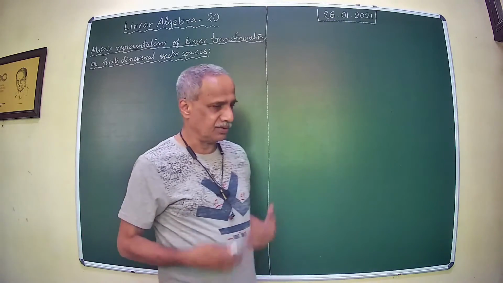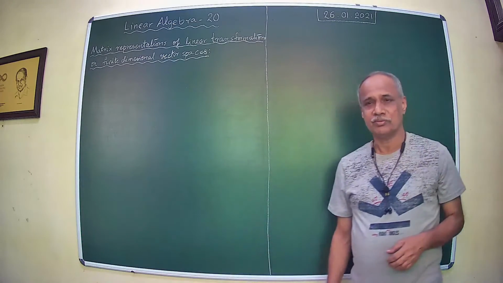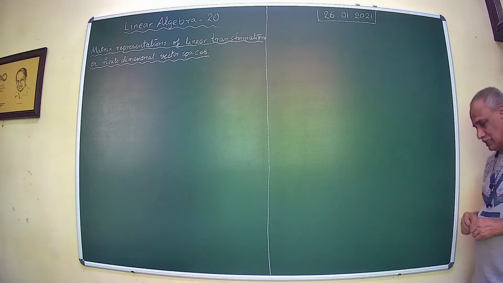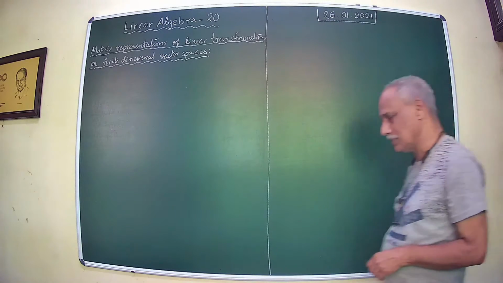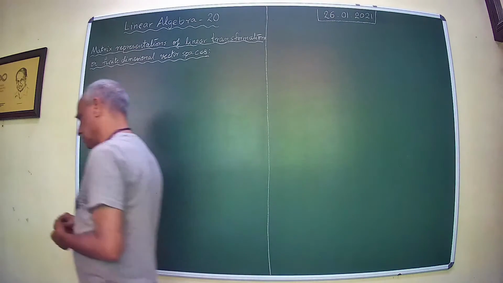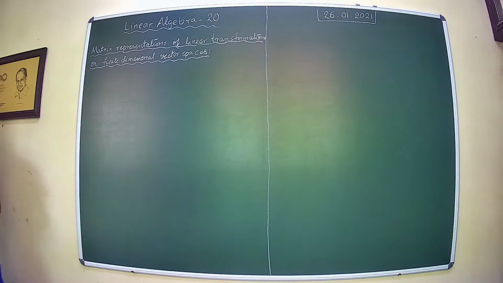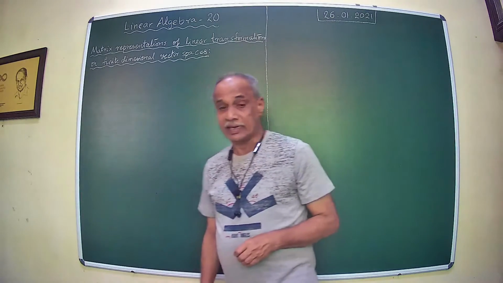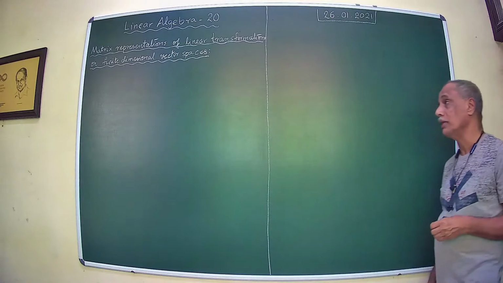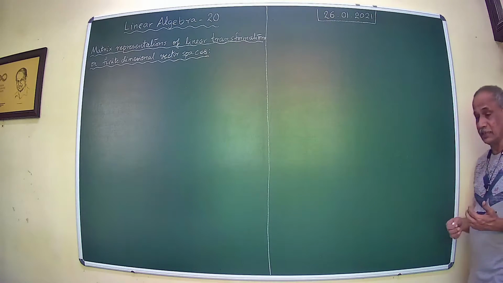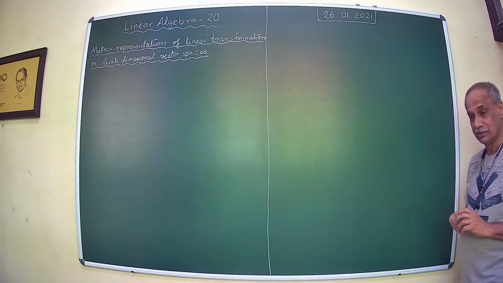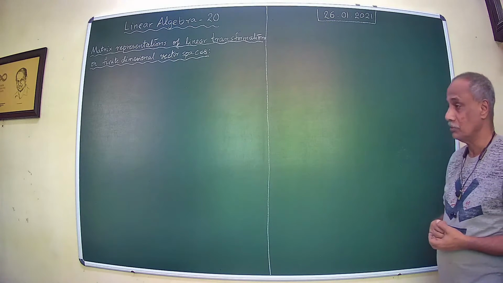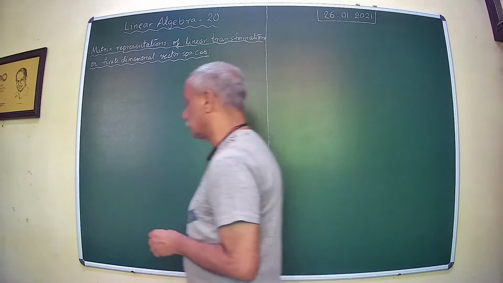But the relation between linear transformations and matrices goes far beyond this. In fact, matrices turn out to be representations of linear transformations. Now, this is the problem that we are going to look at in this lecture.